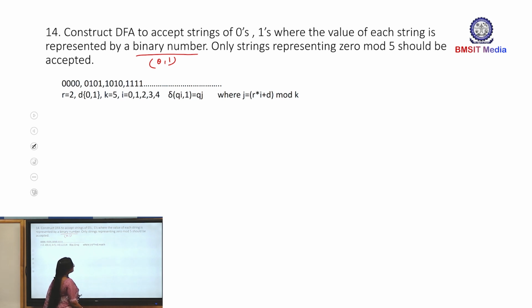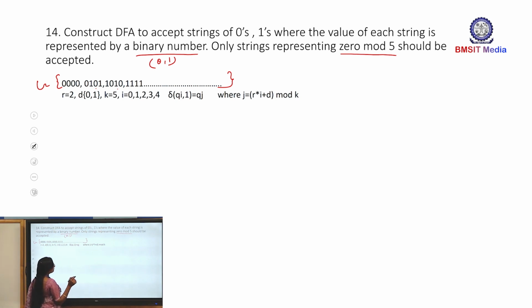Only strings representing 0 mod 5 should be accepted, which means all the strings that are divisible by 5, or multiples of 5, should be accepted. So the language accepts 0, 5, then 10, 15 and so on. All the multiples of 5 are to be accepted.